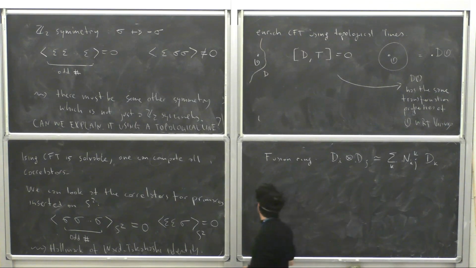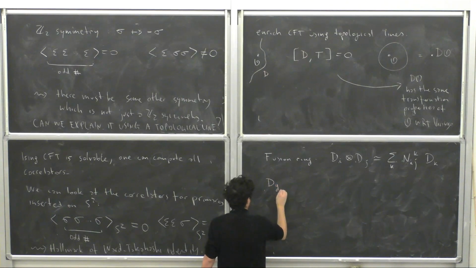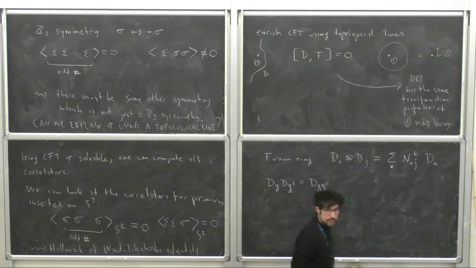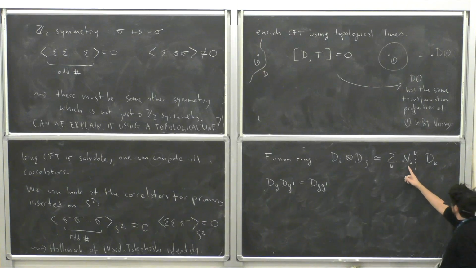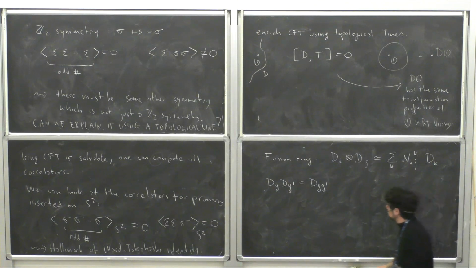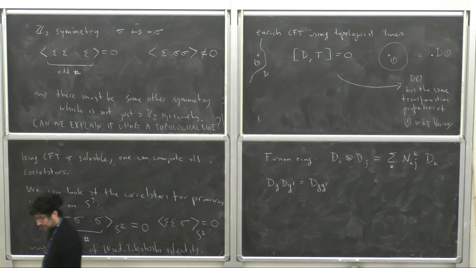When you work with ordinary groups, the fusion ring is trivial. There is no further fusion channel. Here, there are many channels. So this is the main difference of working with topological lines in general.